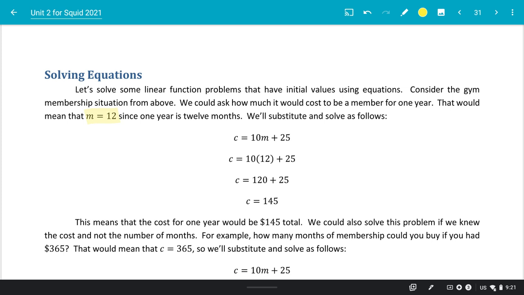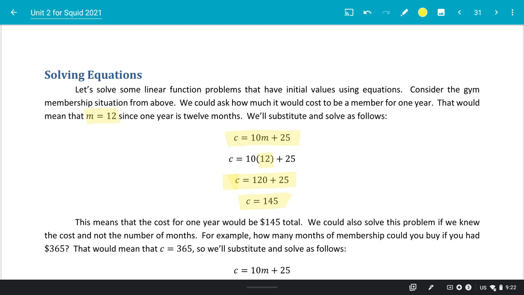We'll substitute and solve as follows. Here's our original equation. We'll plug 12 in. 10 times 12 is 120. 120 plus 25 is 145. This means that the cost for 1 year would be $145 total.